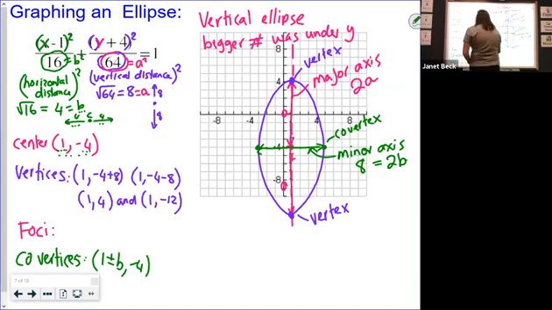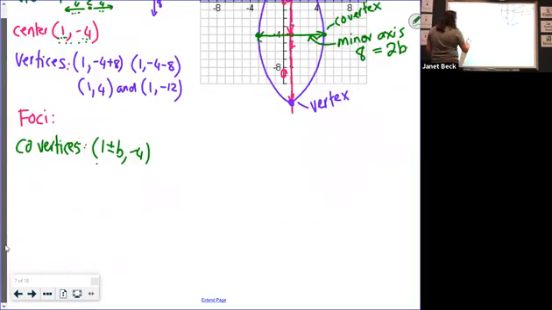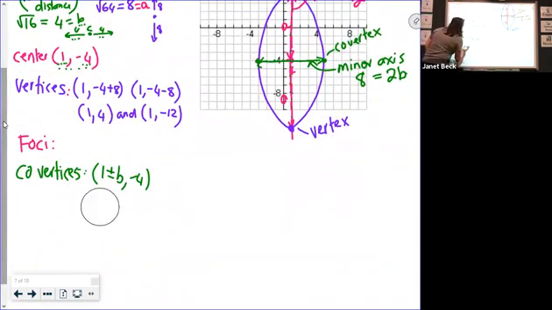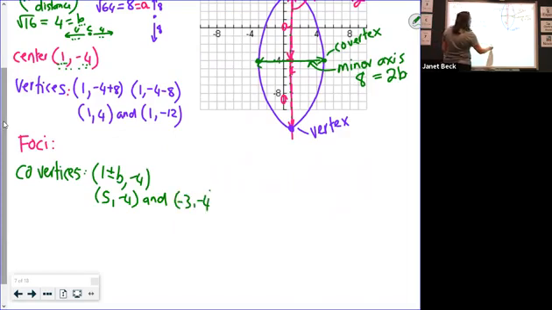So these were at 1 plus b, 1 plus 4, that's 5. And there was another one at 1 minus 4, which is -3. So -3, -4 and 5, -4. That gives you your co-vertices.